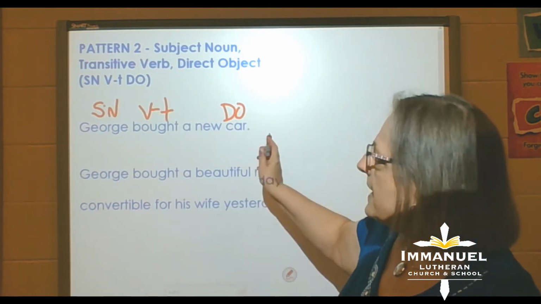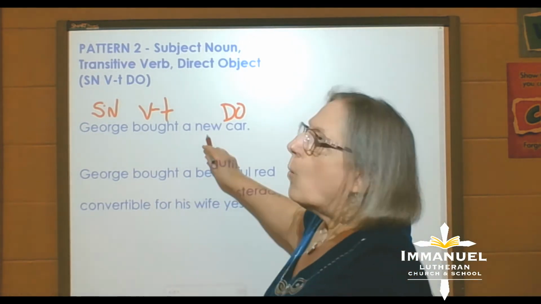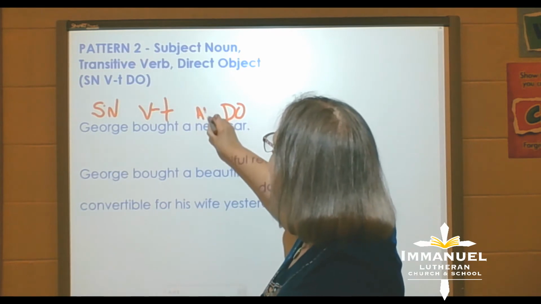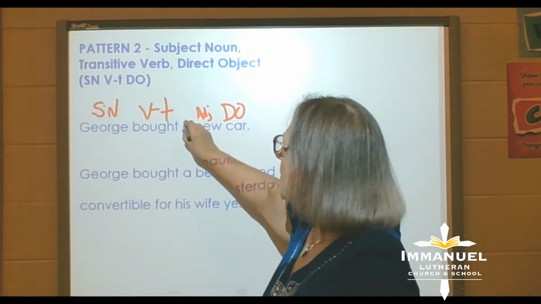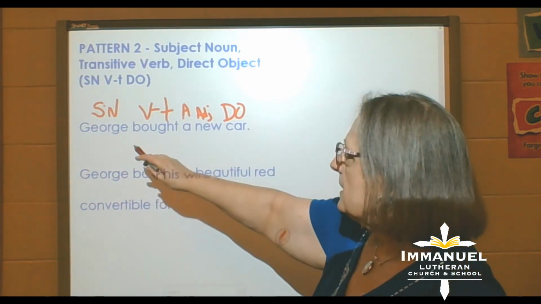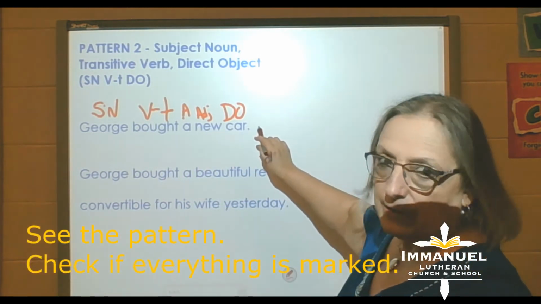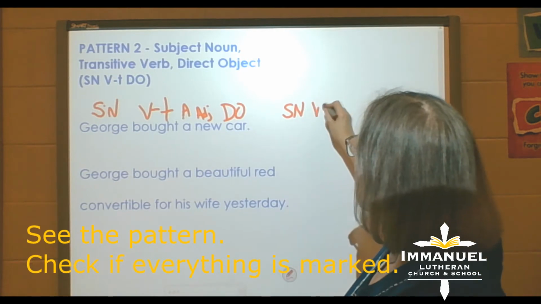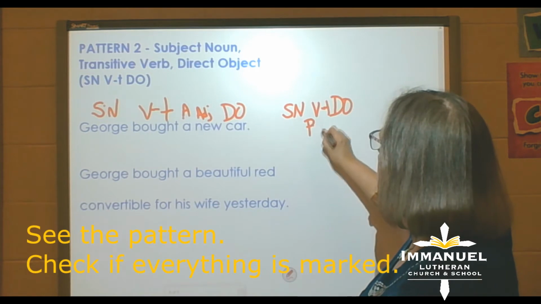Now let's go back and fill in the other words. What kind of car? New. Adjective. A, article adjective. We check, is everything marked? George bought a new car. We see our pattern. Our pattern is subject noun, verb transitive, direct object, pattern 2.